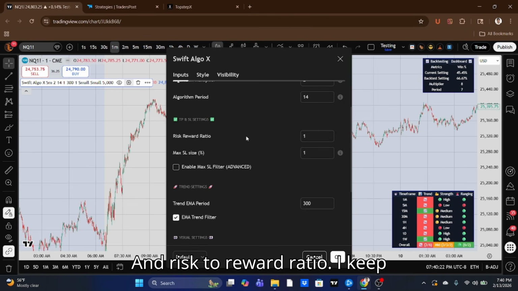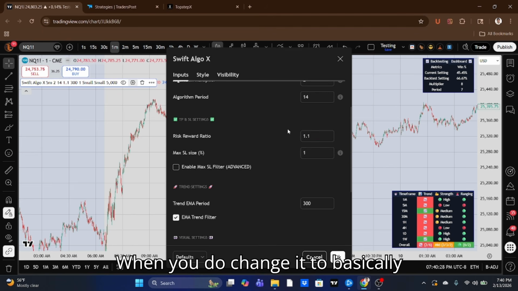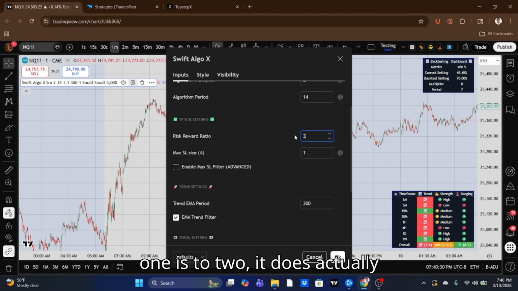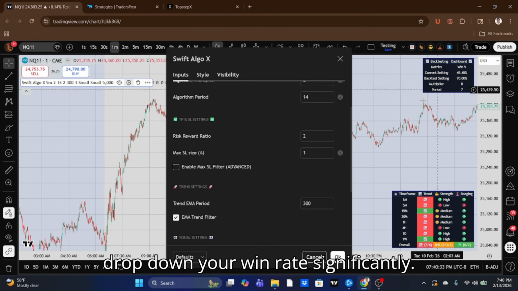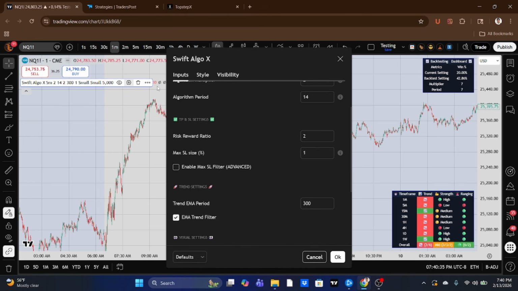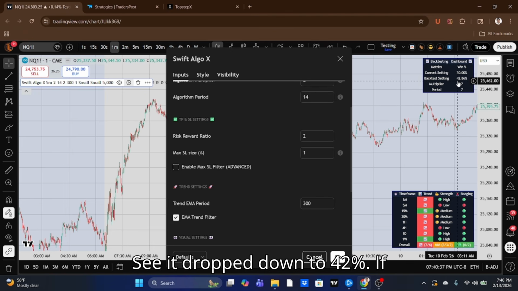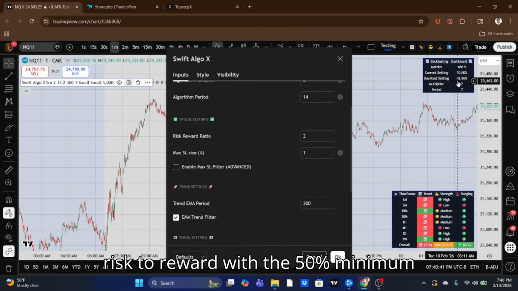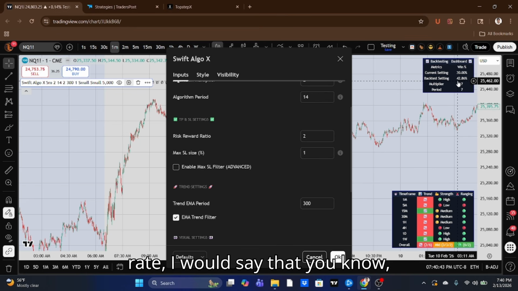And risk to reward ratio, I keep this as a 1-to-1 always. When you change it to 1:2, it actually drops your win rate significantly. See it drop down to 42%. If you can get a 1-to-2 risk to reward with a 50% minimum win rate, I would say you're obviously considered profitable.